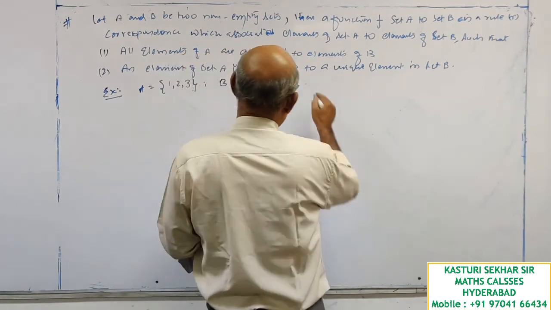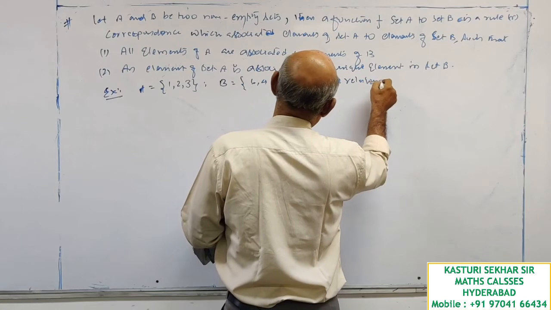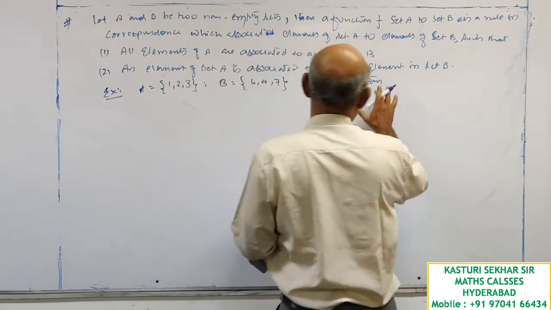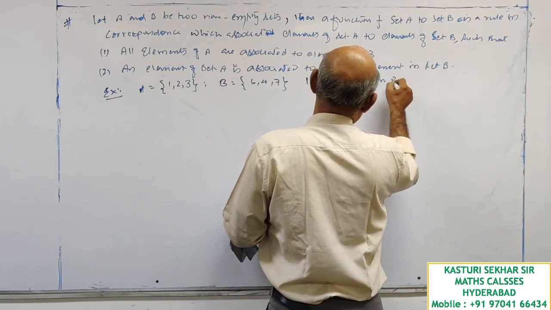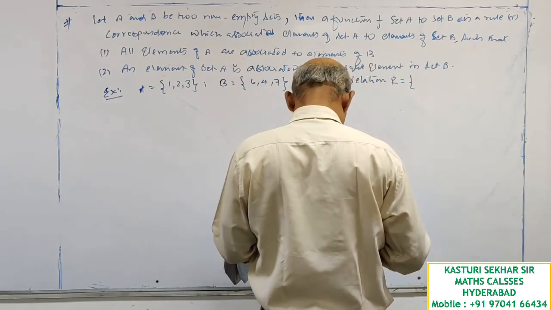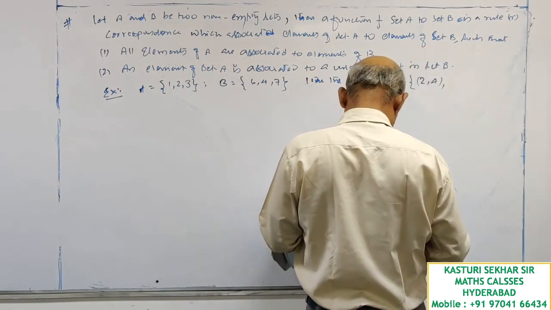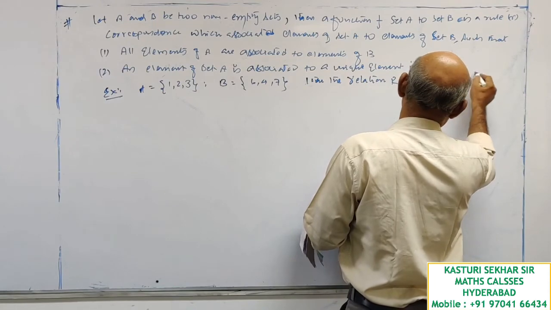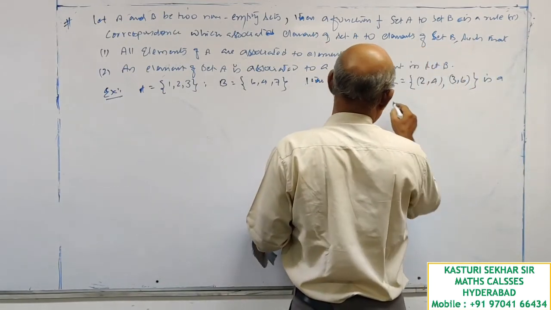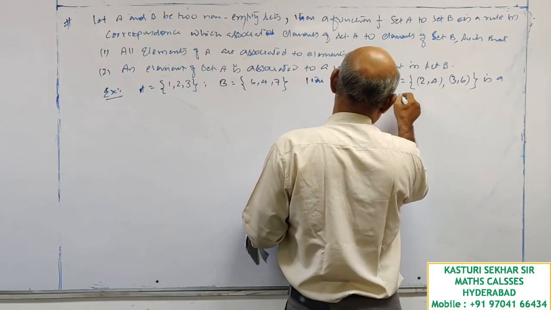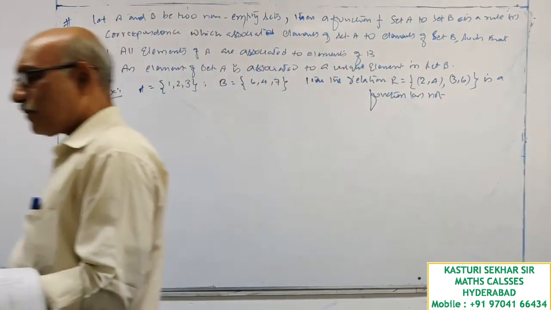Then the relation R is equal to {(2,4), (3,6)}, is it a function or not?